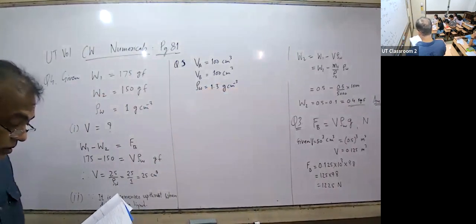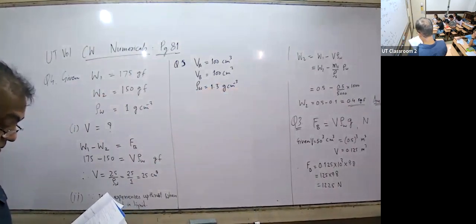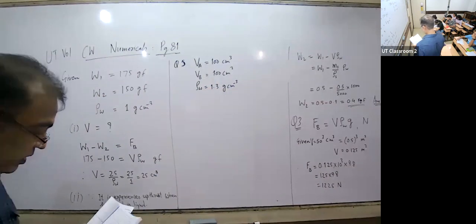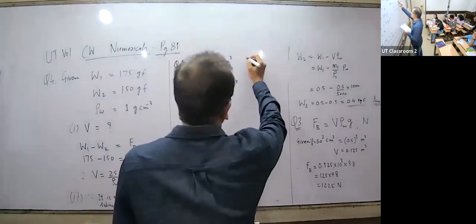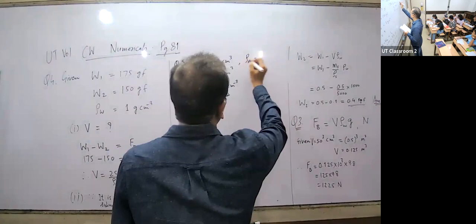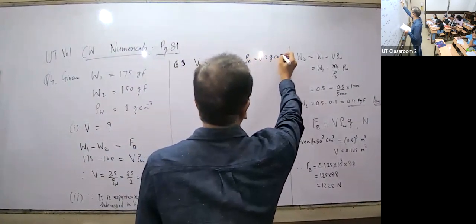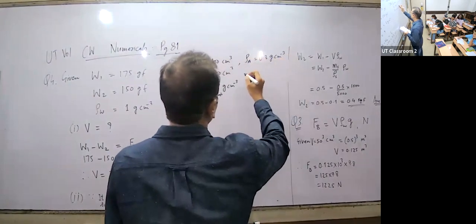Now, sphere A is made of wood of density 0.3 gram per cubic centimeter.